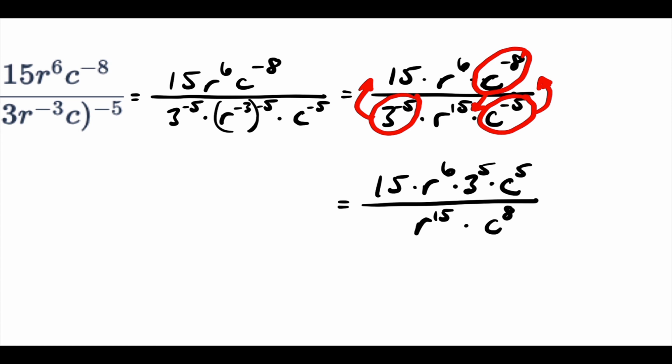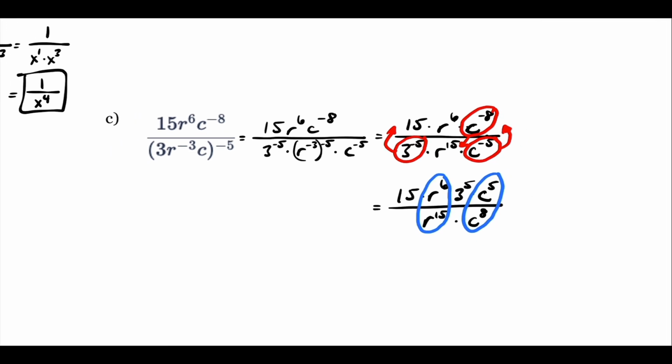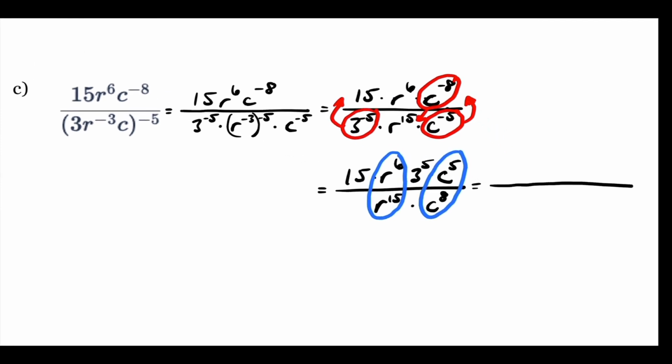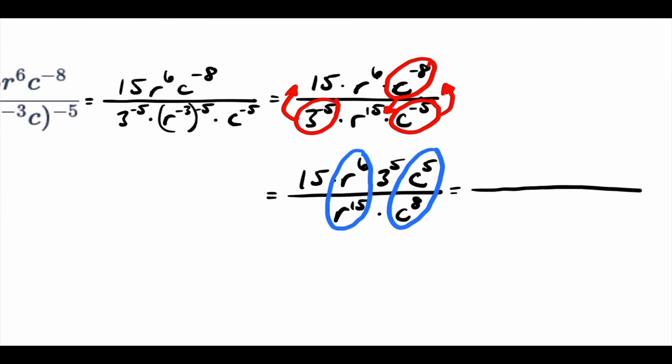Step 3. Here I can do some combining or canceling out. These two guys and these two guys. So I have, let's see, 15 R's.